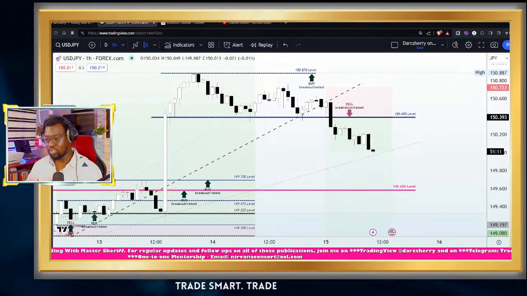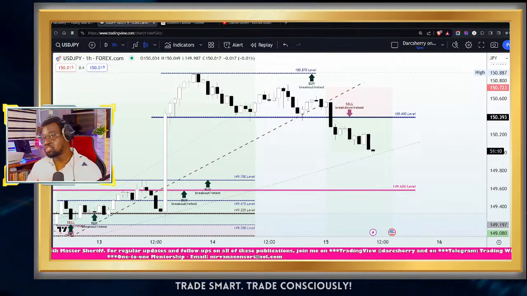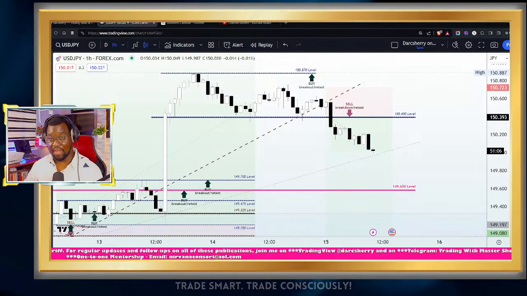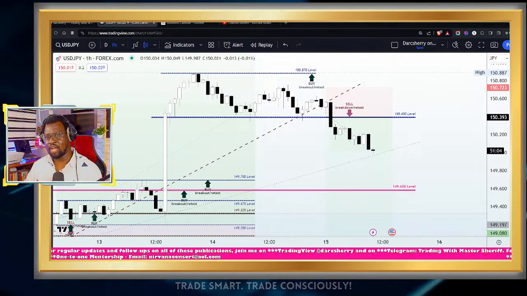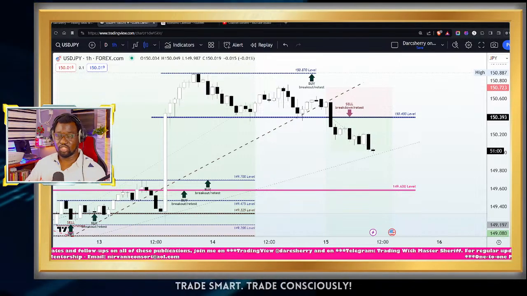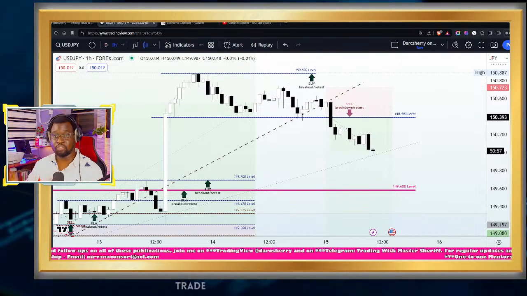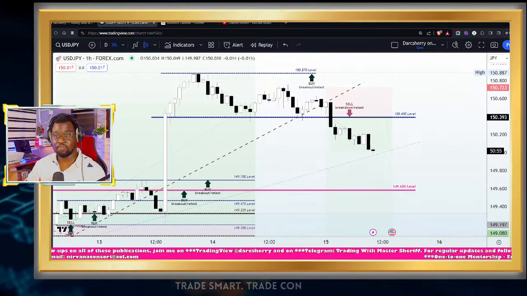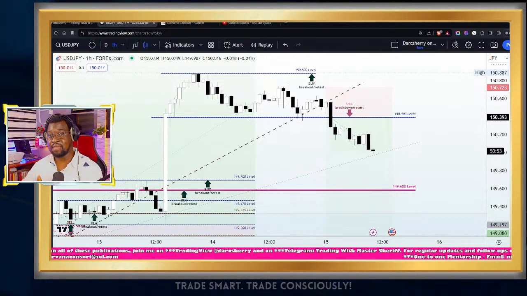And recently we saw how the US Treasury bond yields have been finding some bearish momentum, and of course we know how interrelated the US dollar and the US Treasury bond yield are. If the Treasury bond yield drops, definitely the dollar will follow suit, and this may likely be what is going on here.